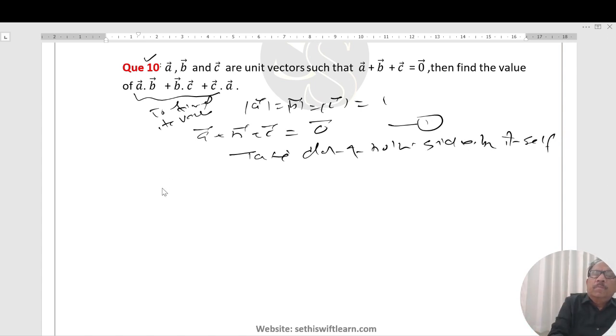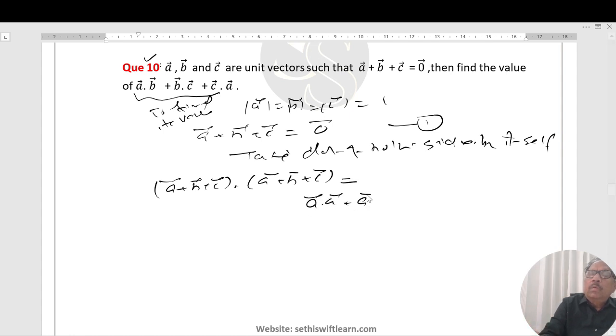In that case, A plus B plus C dot A plus B plus C will be equal to A dot A plus A dot B plus A dot C. I have discussed above, dot product is distributive in nature.